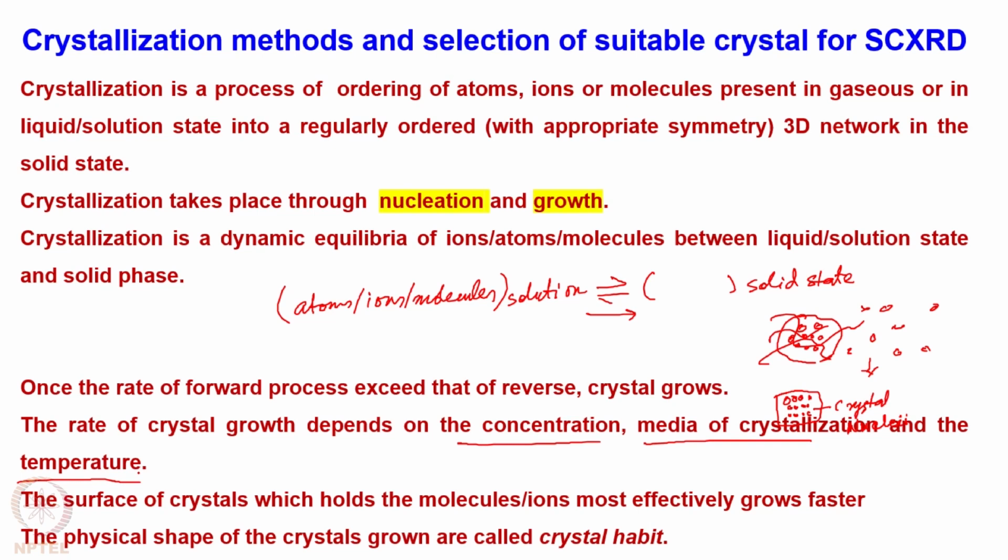The physical shape of the crystals grown is called the crystal habit, which means a compound can crystallize in different geometric shapes. Crystals can be like prisms, plates, rods, needles, and so on. So that shape in which a compound crystallizes is called its habit.